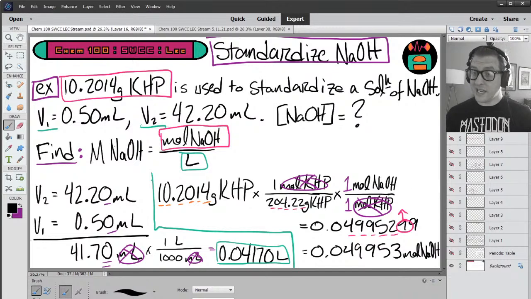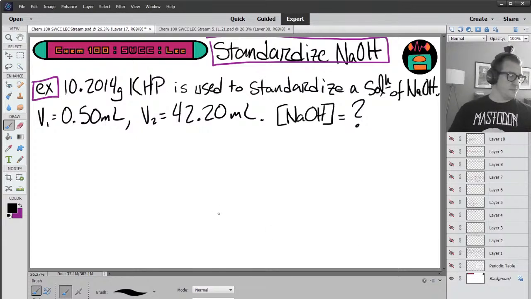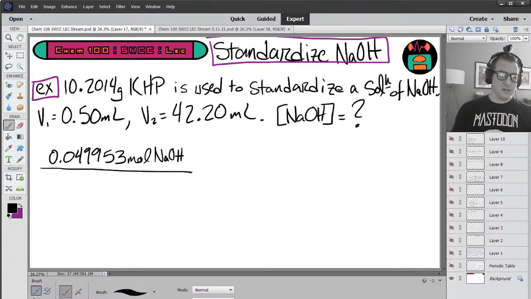All right, now we can calculate our standardized molarity of sodium hydroxide. Because we take our moles of sodium hydroxide, 0.049953 moles of sodium hydroxide over our volume, 0.04170.